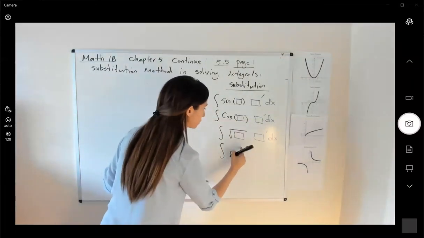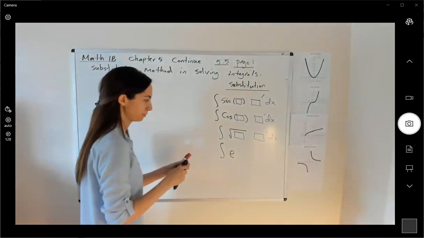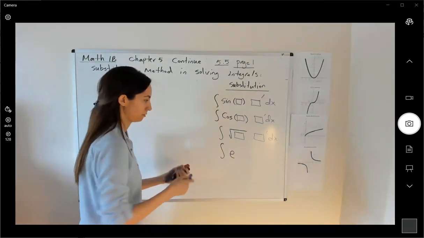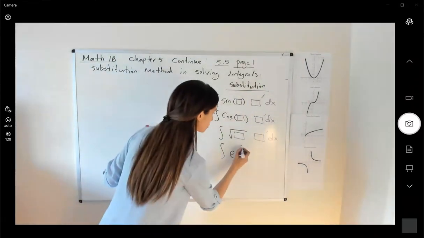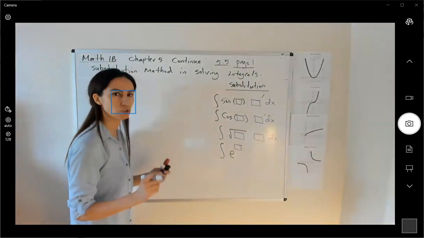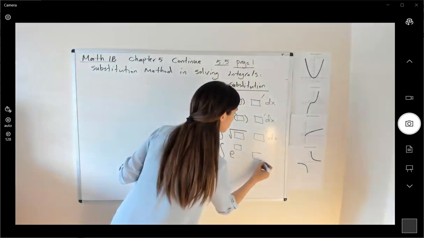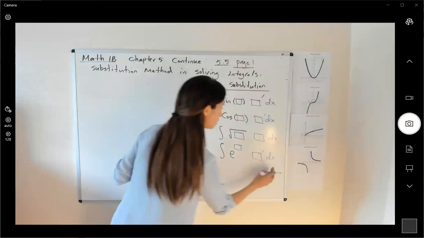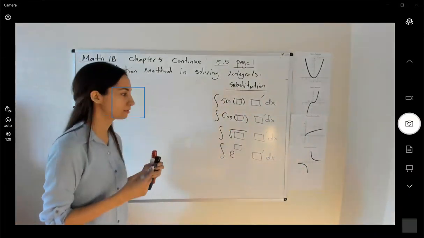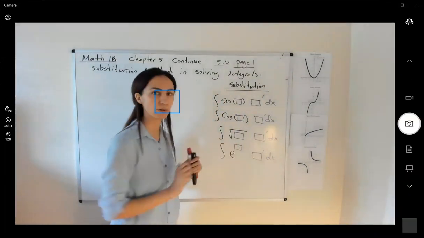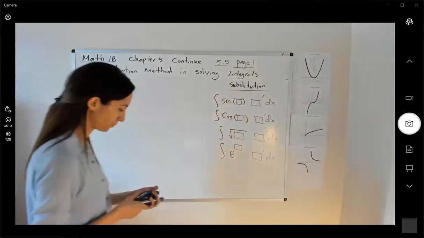E raised to a box. So this is your box, this is the function, this is your g, and the derivative must be next to dx. So you look at your power, you look at your exponent.